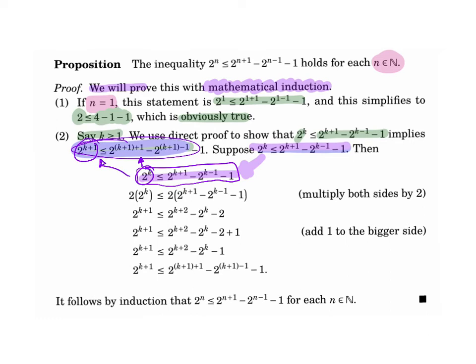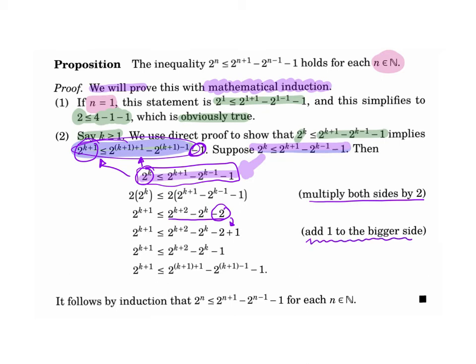So that's the first thing that they do, is they multiply both sides by 2. And then they expand this out. And they know that they're trying to get to a minus 1 over here. So here, they see that they have a minus 2, but they need to make it a minus 1. So they actually just added 1 to the bigger side.